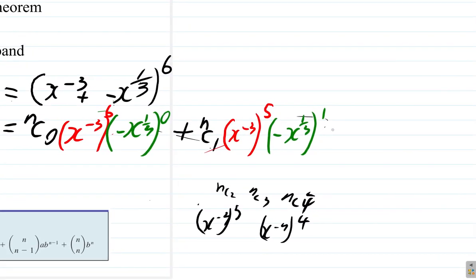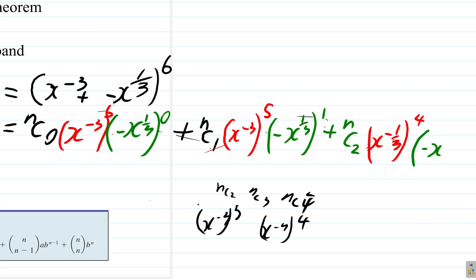Then you plus. You went from nC1, now it's going to be nC2. Then x to the negative 3 raised to the power of, you drop from 6 to 5 and then 4. You see that?